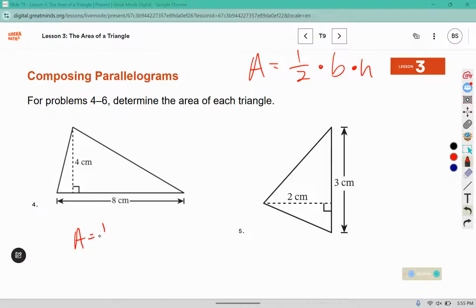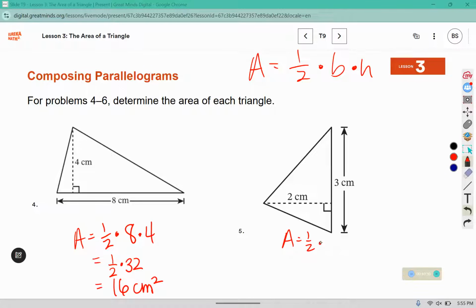So here we have half, the base is 8, and the height is 4. 8 times 4 is 32, and half of 32 is 16. So this one has an area of 16 centimeters squared.